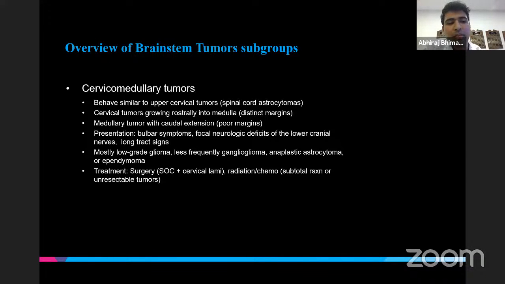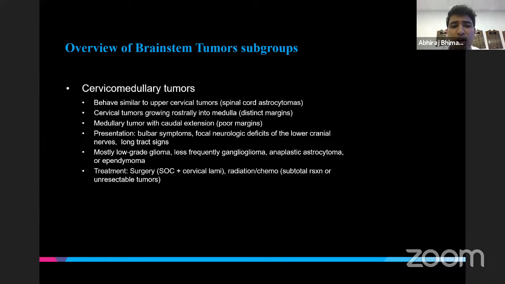That distinction is important because these tend to have a poor margin at the level of the medulla, and they're more infiltrative around the long tracts, and much more challenging to resect. They present with bulbar symptoms, focal neurological deficits of lower cranial nerves, and long tract signs such as abnormal reflexes, Babinski, Hoffman's, hyperreflexia, and also spasticity.